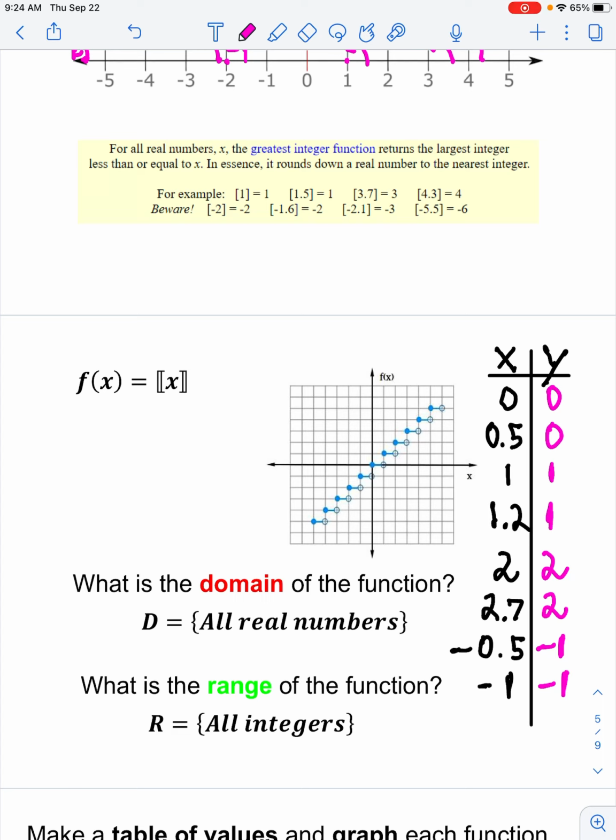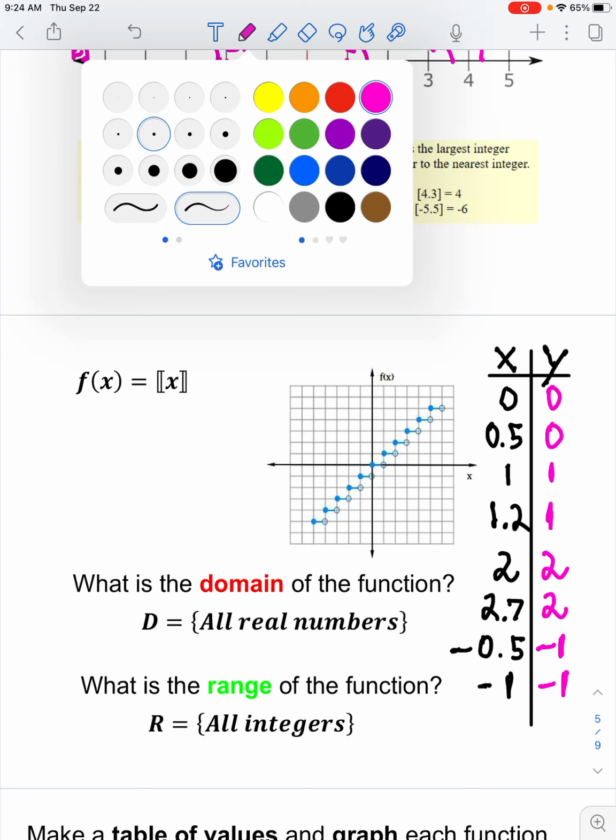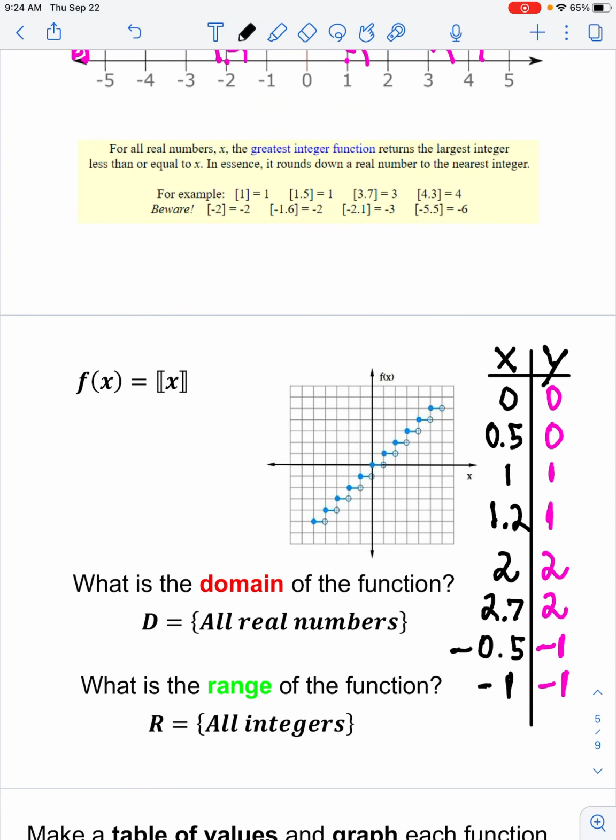So if I try to start graphing, you have to understand at each integer, a new step is starting. I usually start with positives when I test values, or 0 I actually start with, because we think better when they're positive or 0.